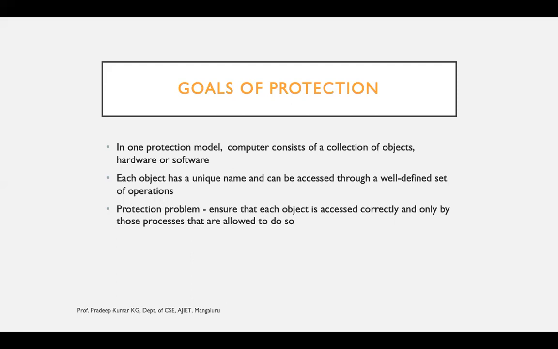To protect the data already stored on a disk, you are supposed to set up some guidelines, that is, using a set of operations. The major hurdle is to ensure that each object is accessed correctly and only by those processes that are allowed to do so.